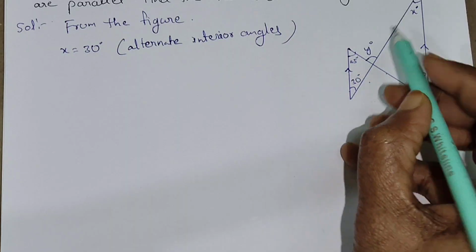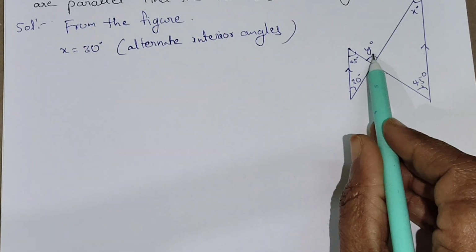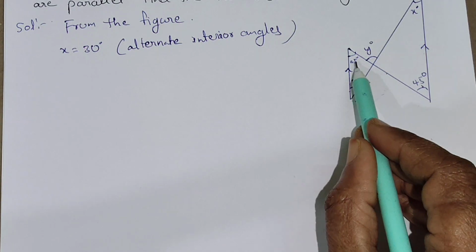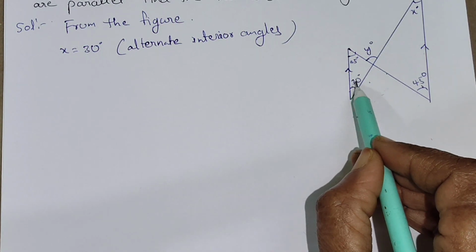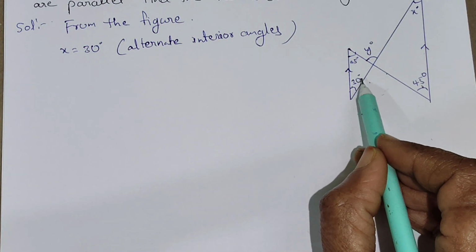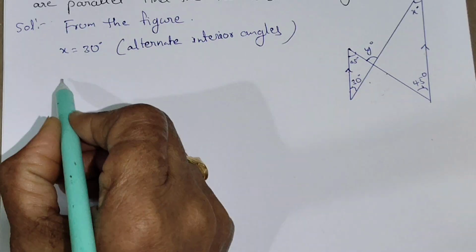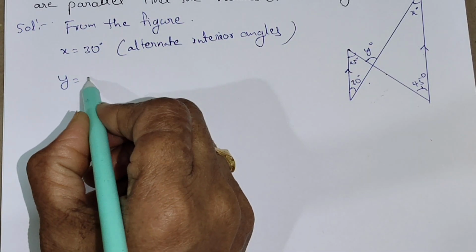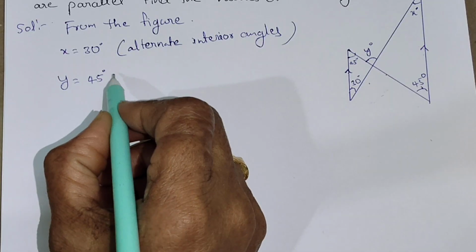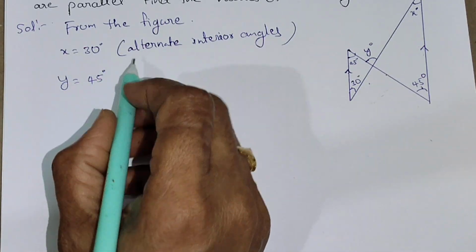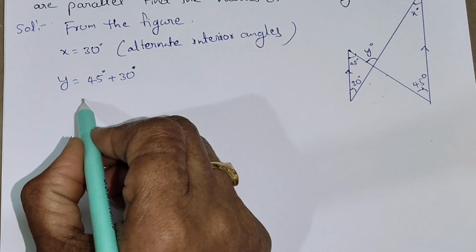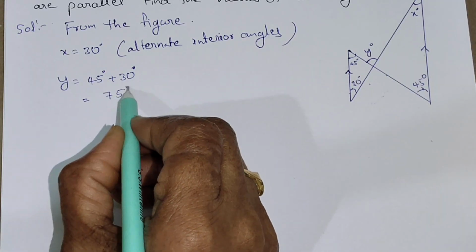So here y is an exterior angle. Y is an exterior angle, which means it is equal to the sum of opposite interior angles. So here y is equal to 45 plus 30 degrees, so that equals 75 degrees.